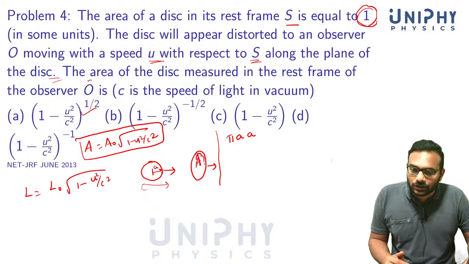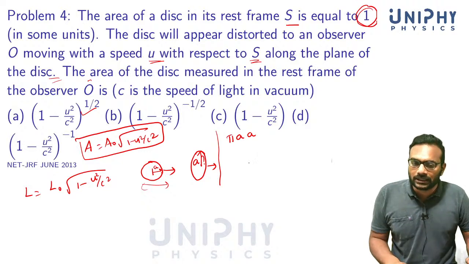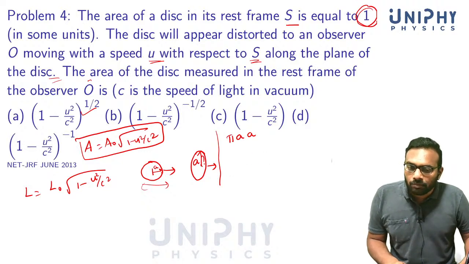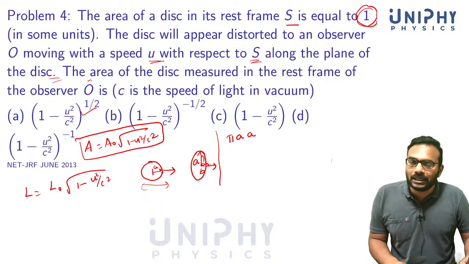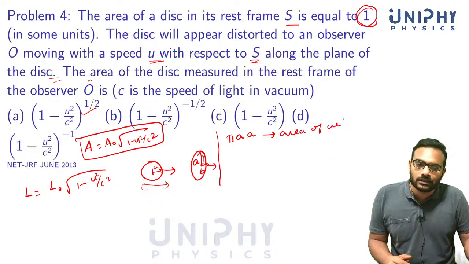The distance perpendicular to the direction of motion does not change, it's still A, but this distance changes. It's equal to B, it has reduced. Pi A square is the area of the circle. What's the area of the ellipse? The area of the ellipse is pi AB.